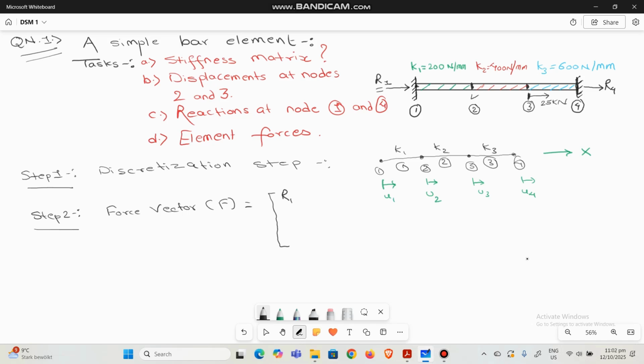For the second node, there is no external load application, so it's 0. For the third node, there is an external load of 25 kilonewton, so you just put 25 here. And for the last node, similarly, it's the reaction.